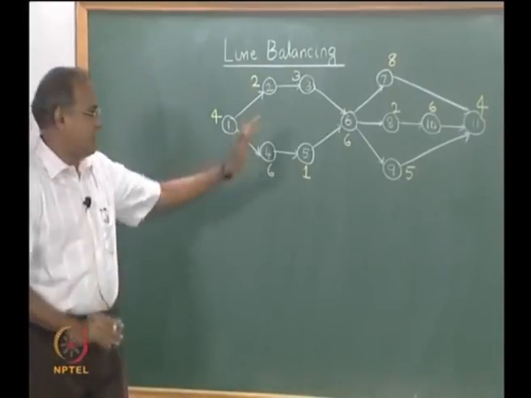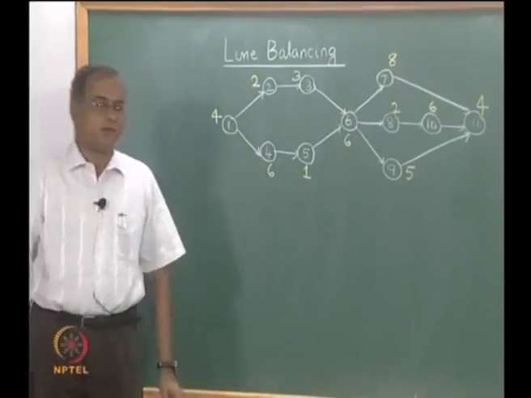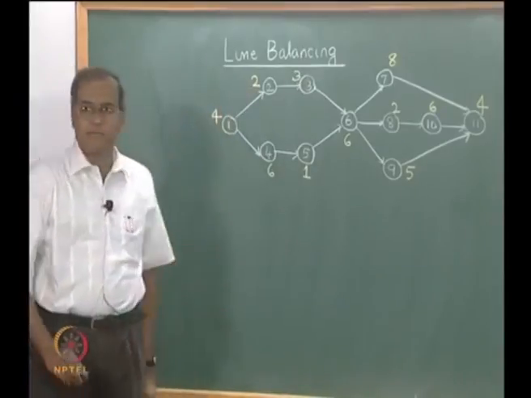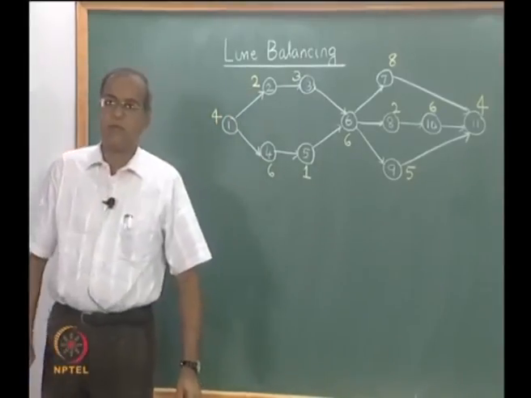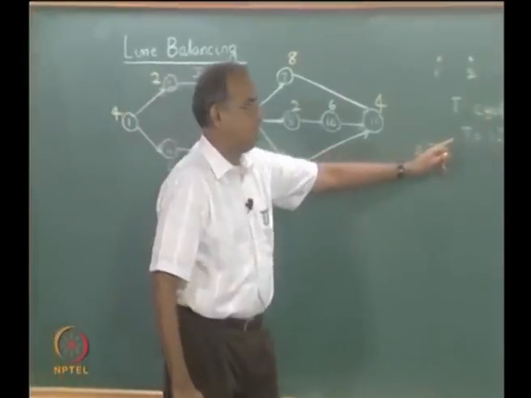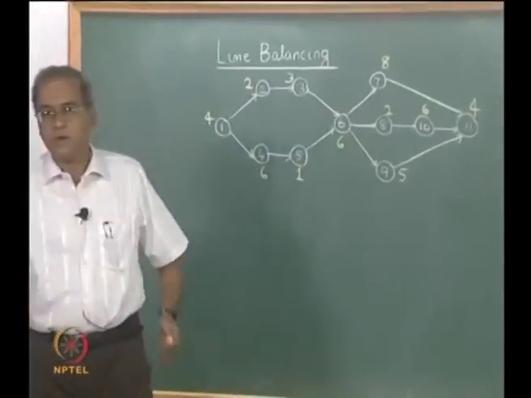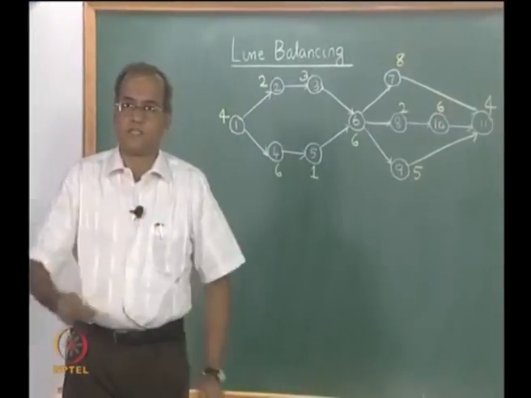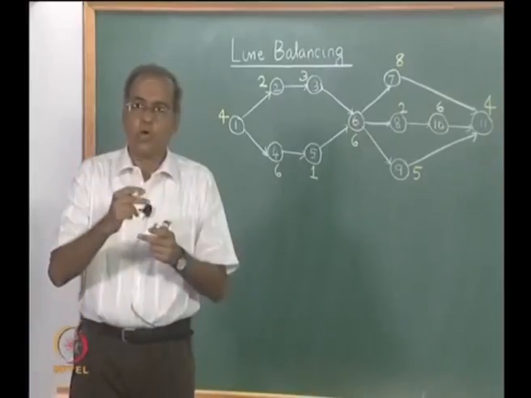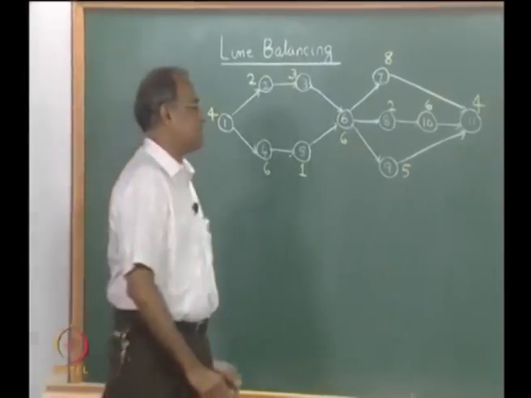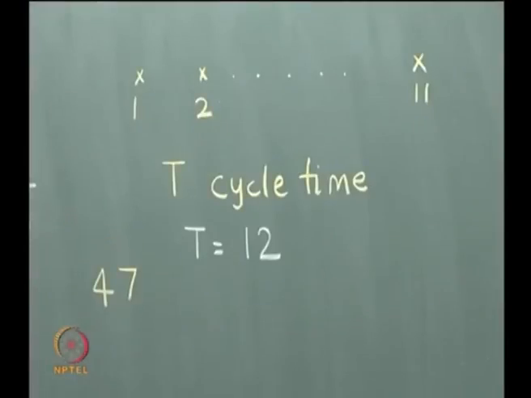Given a set of activities that have to be performed, given their activity times and the precedence relationships, for a given cycle time T, what is the minimum number of workstations required, and how are these tasks assigned to these workstations such that the total time taken in a workstation is less than or equal to T, each task is assigned to only one workstation and the precedence relationships are satisfied. This is called the assembly line balancing problem.